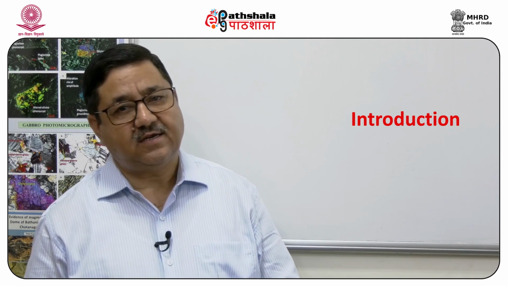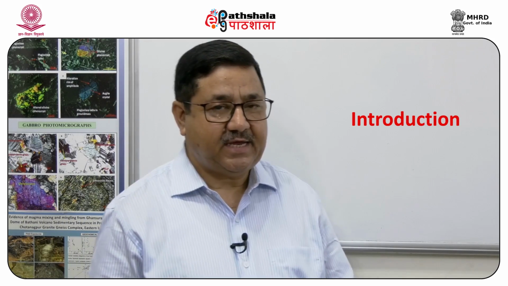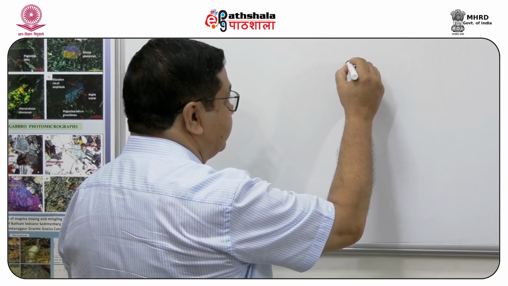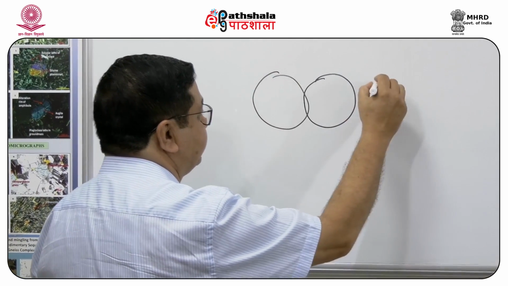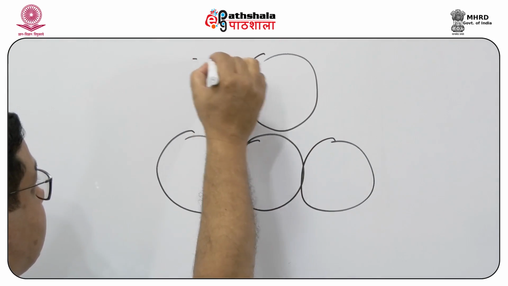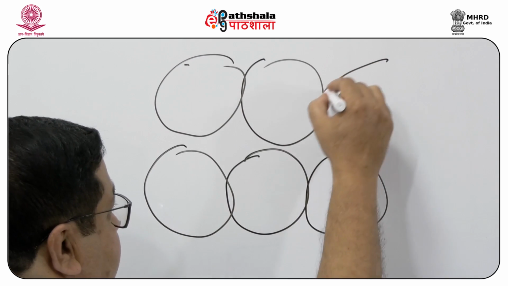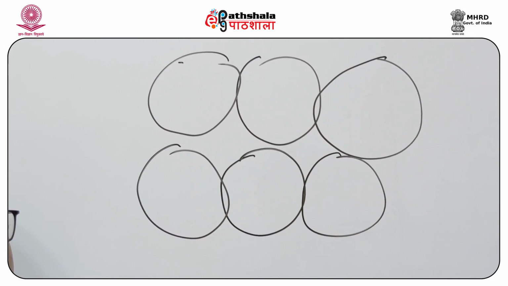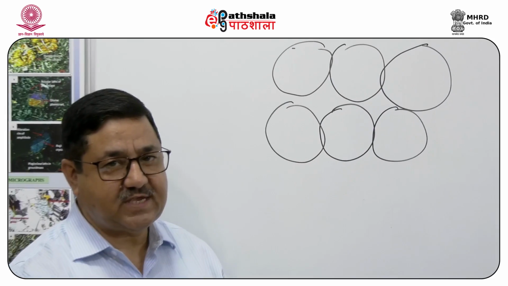So, if we look at one of the ways, then it can be seen in this fashion, that we have spheres of equal sizes which are touching each other, and they represent the idea of what we call closest packing.